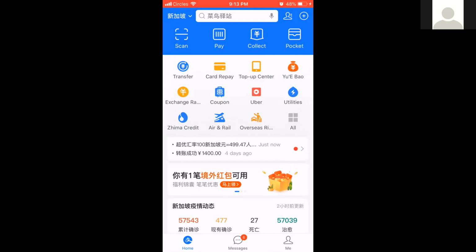But the problem for most people is how to top up. Last time, Zhan Han was saying you can top up at some AXS station, but now he said the function is disabled.